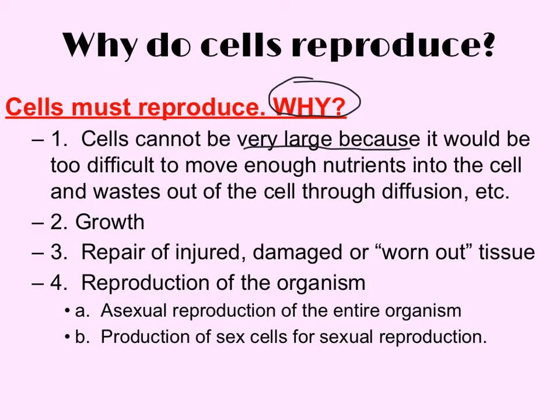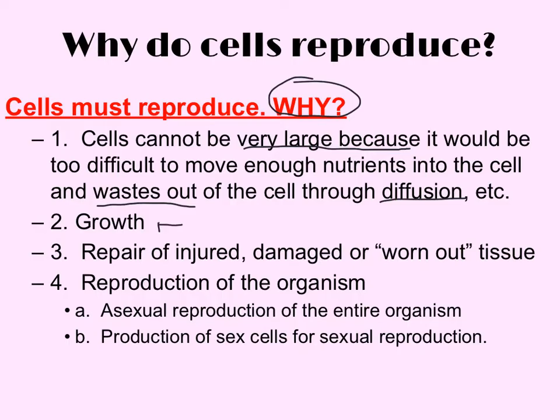You're also moving waste out of the cell, and you're using diffusion, facilitated diffusion, osmosis, some active transport. It works really well when you have really small cells. But if the cells get too large, the cells will be unable to move enough of these materials in and out of the cell for the cell to survive. So the cell has to remain somewhat small.